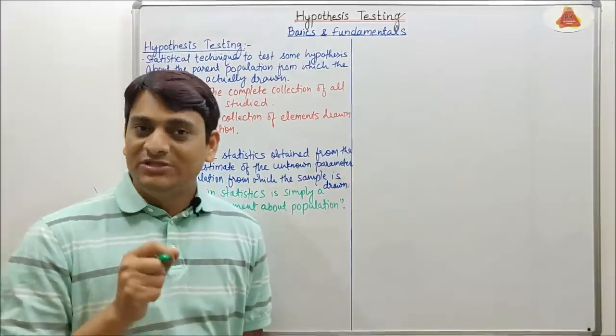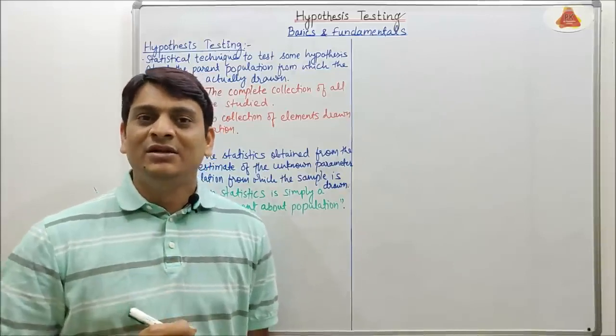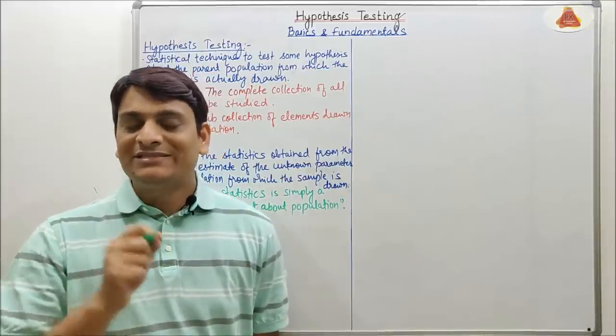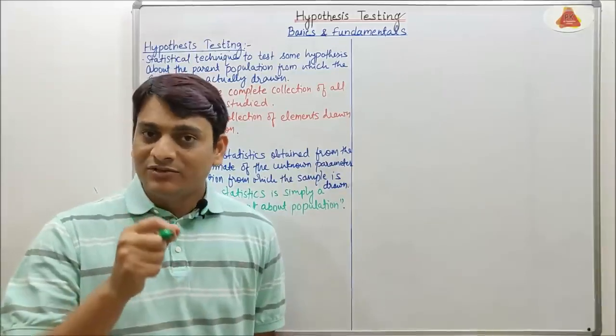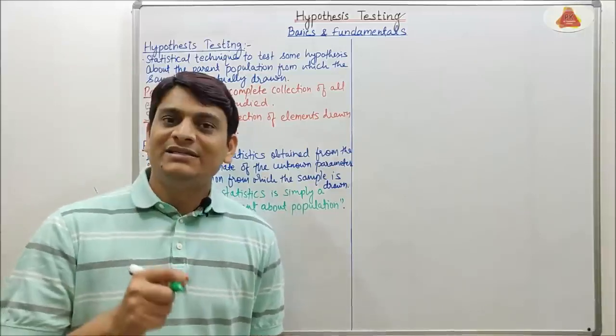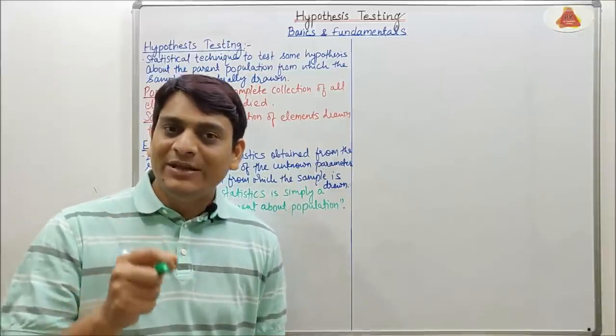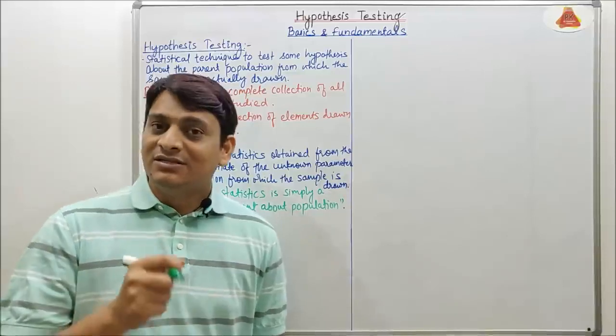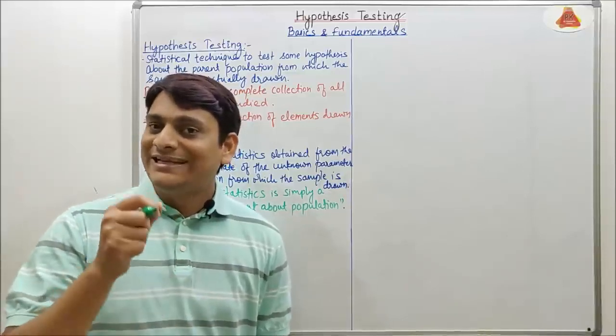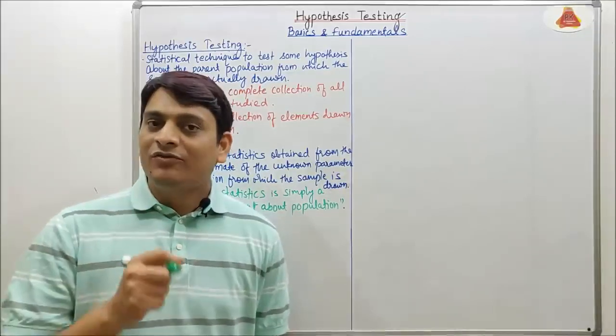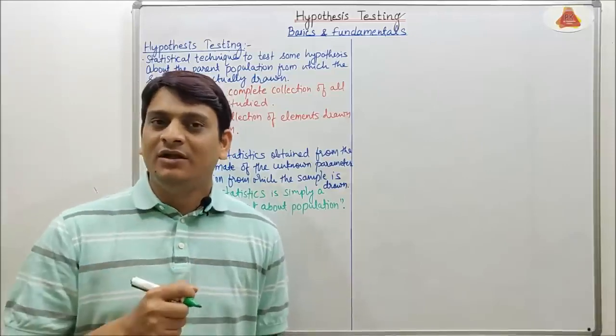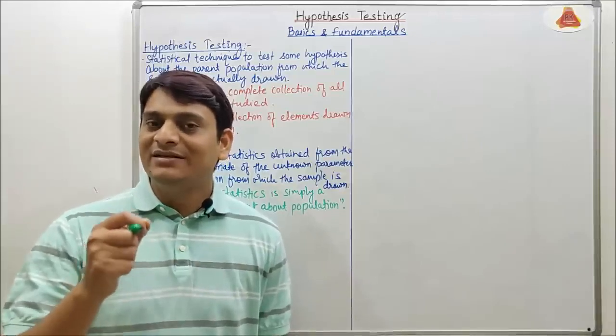Now coming to the procedure for testing the hypothesis. It is divided into 5 steps. First one is to set up the hypothesis. Second step is to set a suitable significance level. Third step is to set the test criterion. Fourth step is computation. And the fifth step is making the decision.